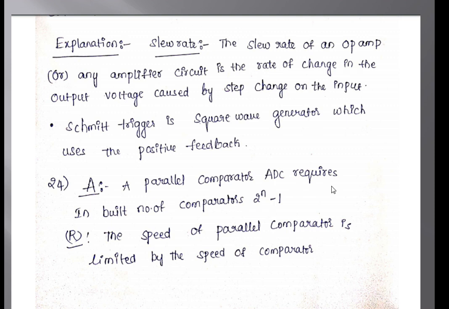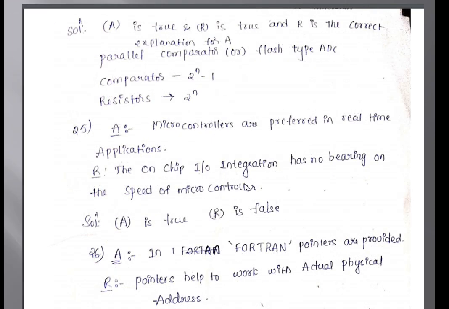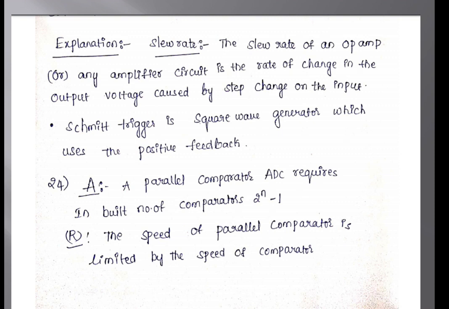So here the assertion is correct. The parallel comparator or the flash type converter requires 2 power n minus 1 comparators. So here the reason is correct.